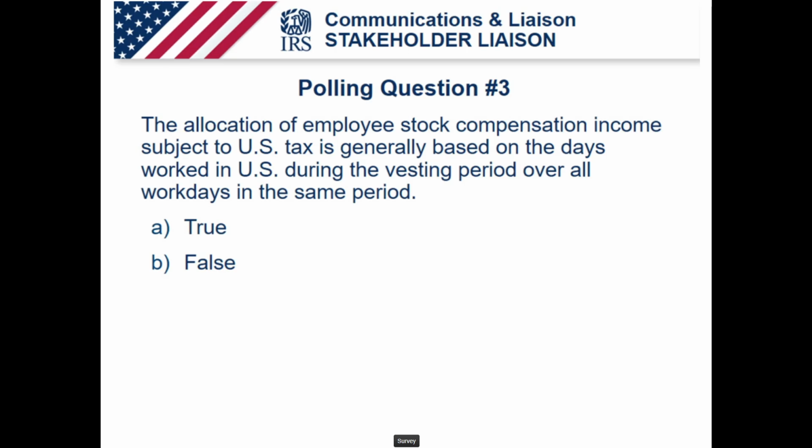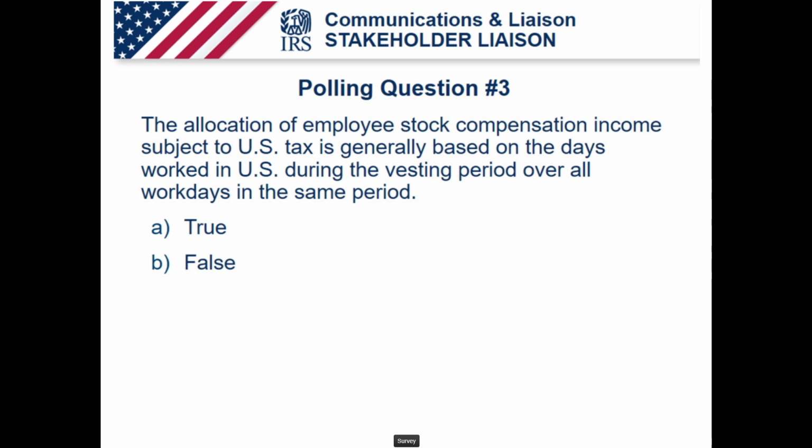Thanks, Andy. I totally agree. Okay, audience, here we go with our third polling question. This is another true or false question. So true or false, the allocation of employee stock compensation income subject to U.S. tax is generally based on the days worked in the U.S. during the vesting period over all work days in the same period.